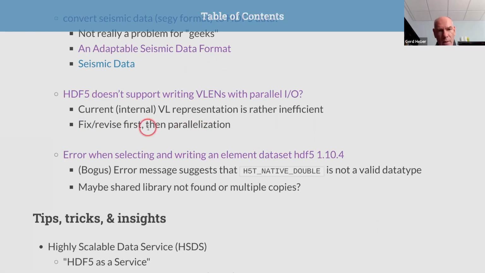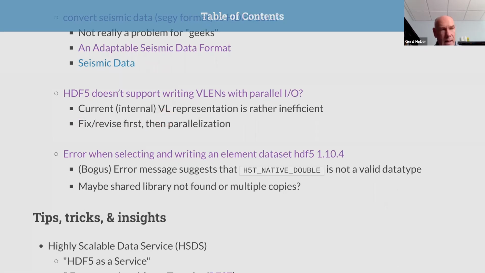Unfortunately, all I can say is it's on our minds all the time, but we have no specific plans. As far as the order goes, coming up with a more efficient representation of variable length data and then parallelization is probably the order in which things will happen.